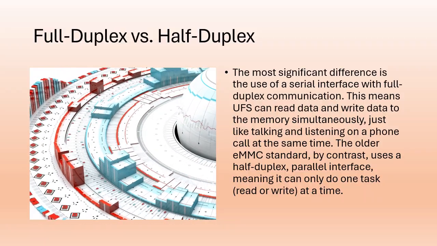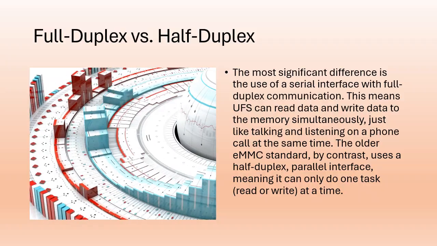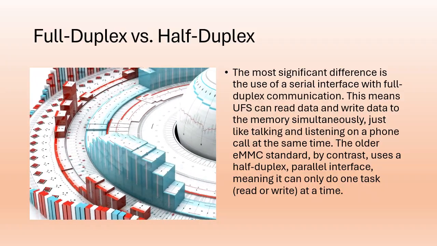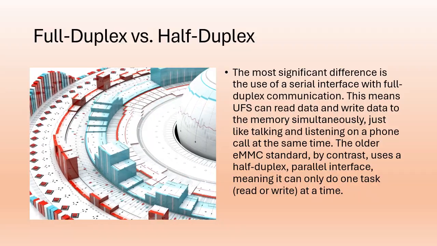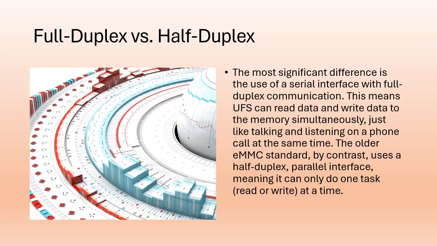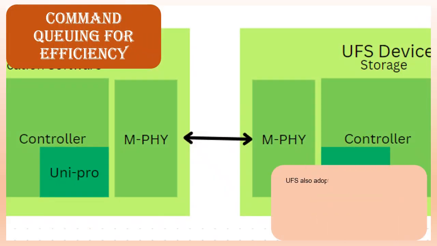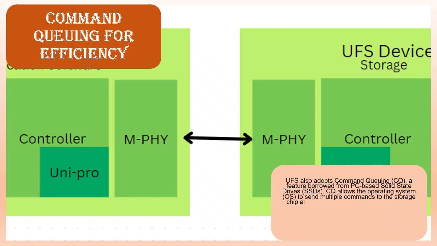The older eMMC standard, by contrast, uses a half-duplex, parallel interface, meaning it can only do one task, read or write, at a time. Command queuing for efficiency. UFS also adopts command queuing, CQ, a feature borrowed from PC-based solid-state drives, SSDs.